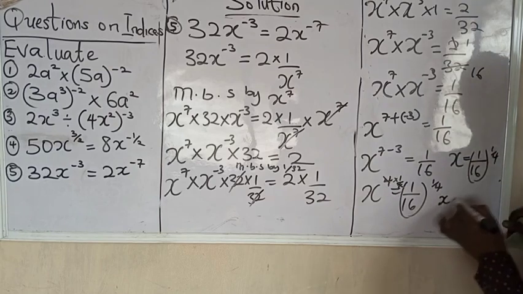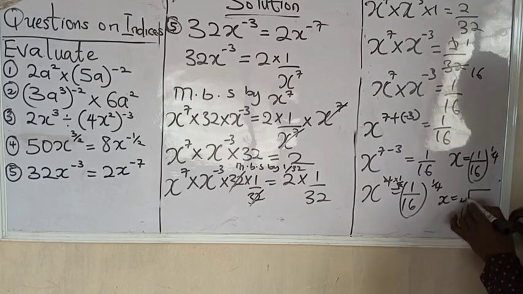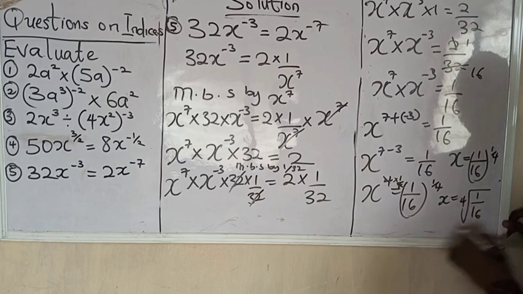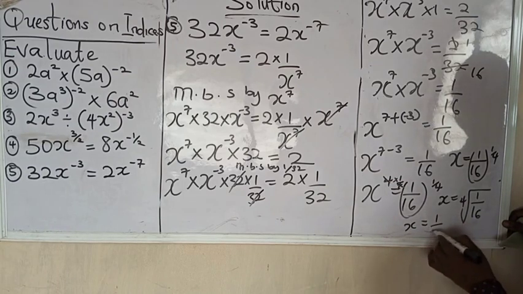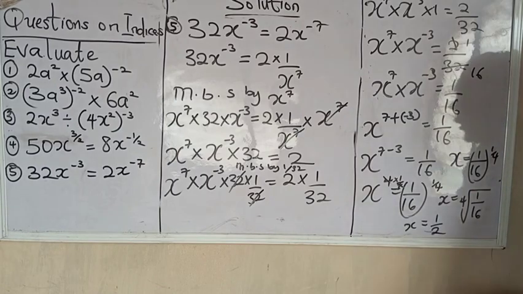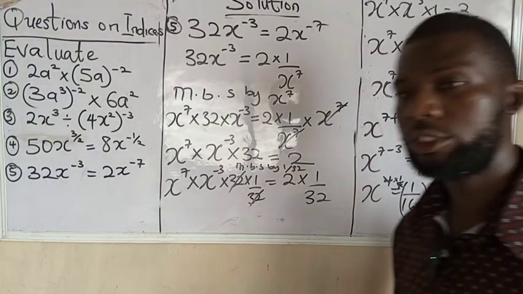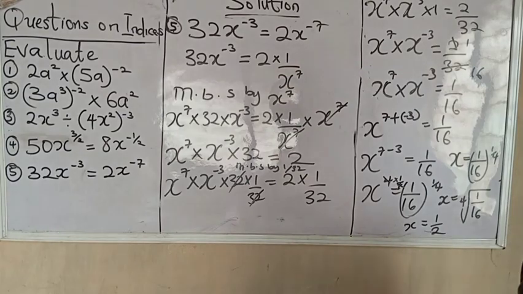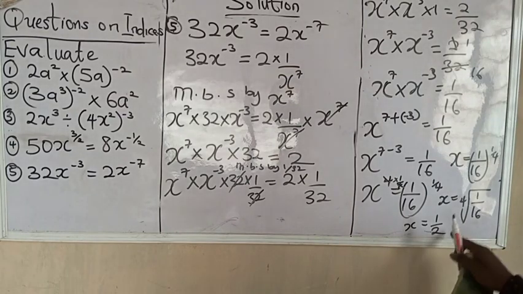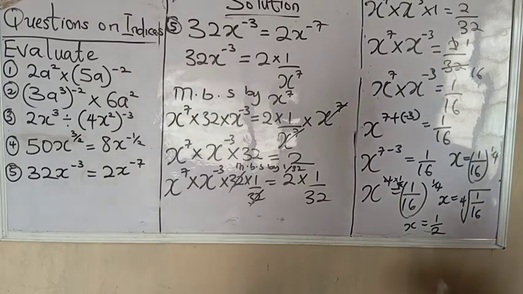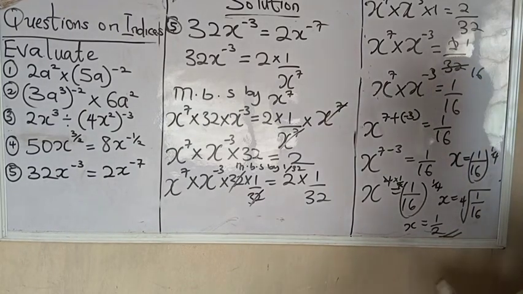And it's as simple as saying the fourth root of 1 over 16. And what is the fourth root of 1 over 16? 1 over 2. Fourth root of 16 means a number that when you multiply 4 times, it's going to give us 16. And the number that when you multiply 4 times gives us 16 is 2. So our answer is 1 over 2.